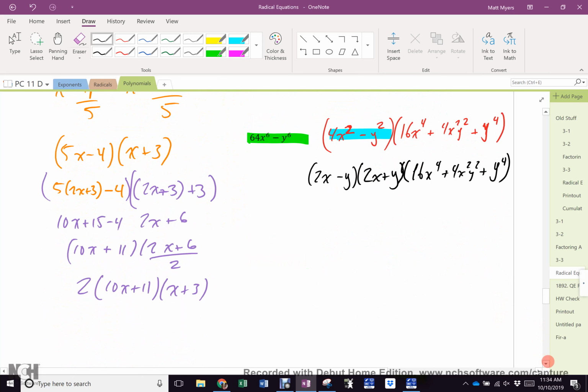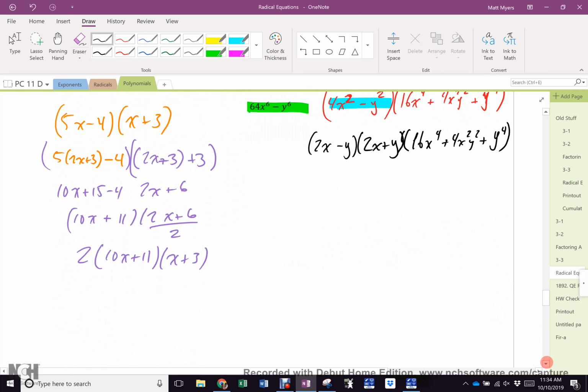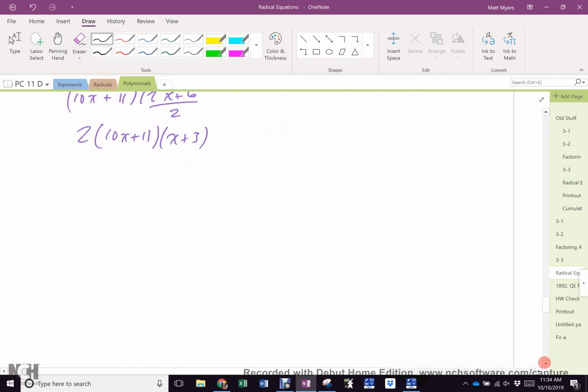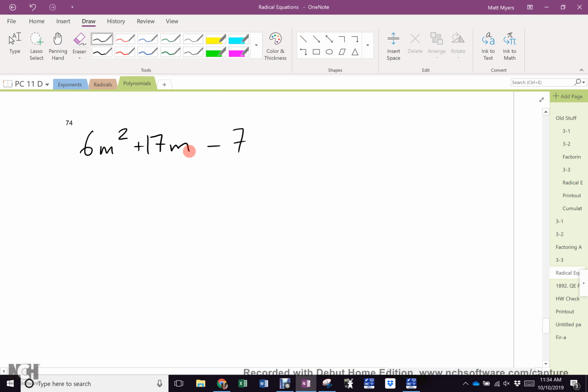Now, some of the ladies asked for some more factoring questions. So I'll write them, then I'll solve them. Let's see. Let's go with 6m squared plus 17m plus 7. No, sorry, that has to be plus and plus 17m.